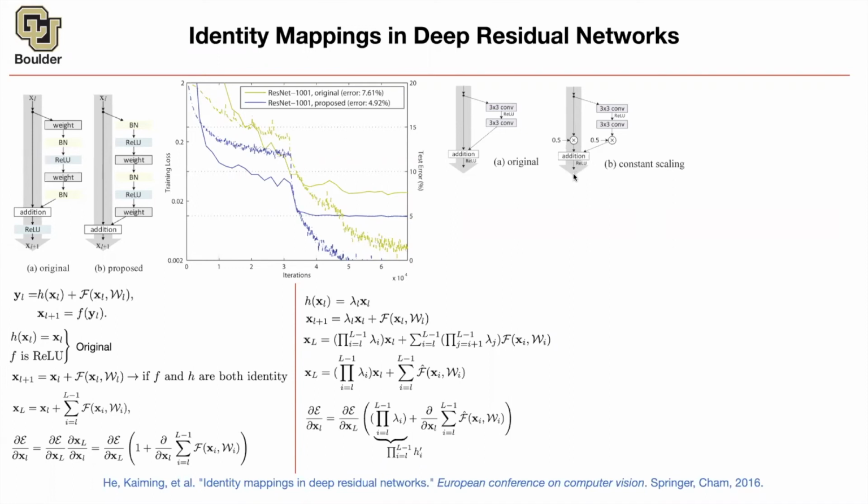That could be one option. This could be another option. You put a 1-by-1 convolution on top of your XL. You push it through sigmoid.